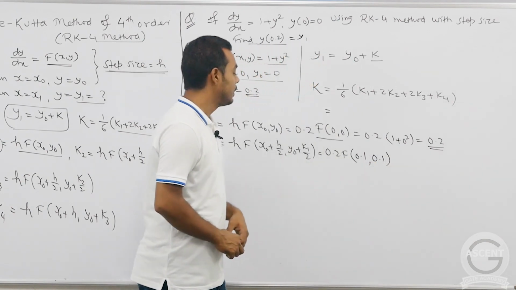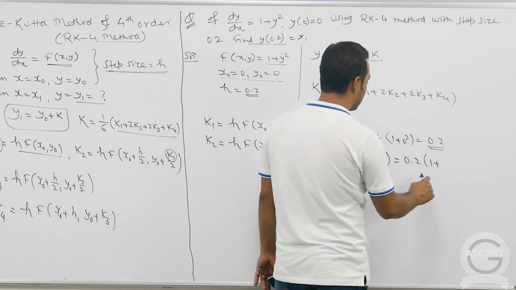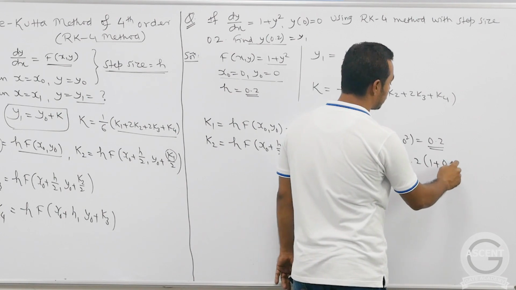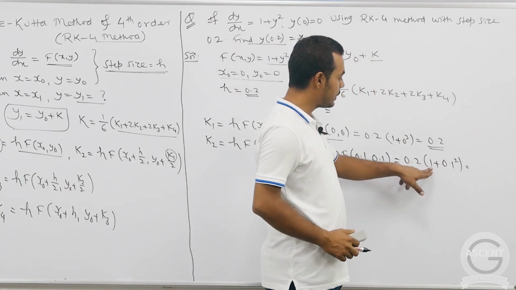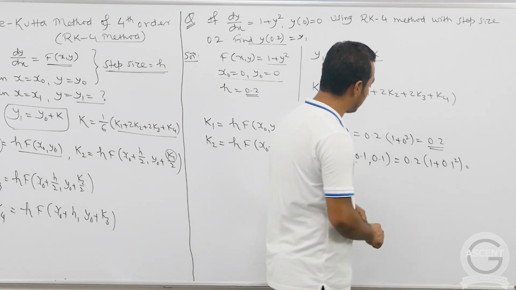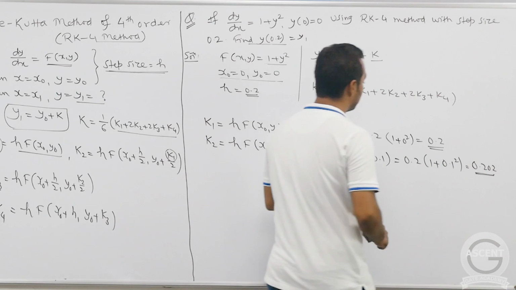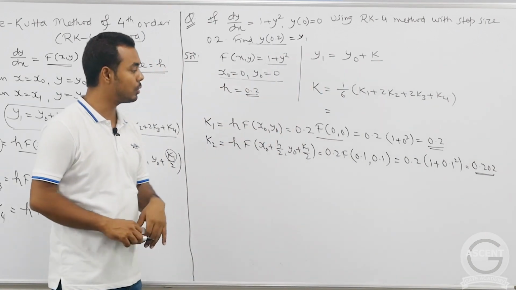So this will be 0.2 into 1 plus y square. dy by dx is 1 plus y square, so 1 plus 0.1 square. So we get 1.01 multiplied by 0.2, so this will be 0.202. Okay, so k1 is 0.2, then k2 is 0.202.